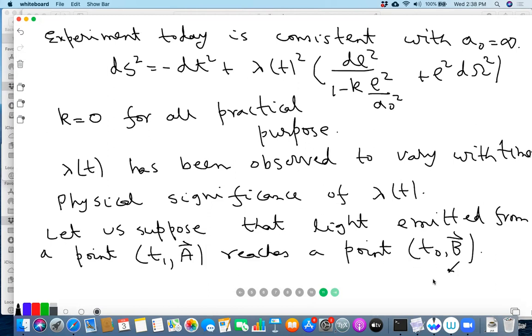This is present time. And study its consequence, what it means, what it implies. So first, let me write it again.